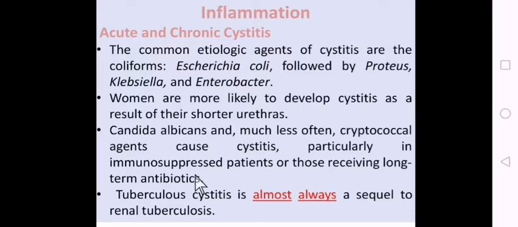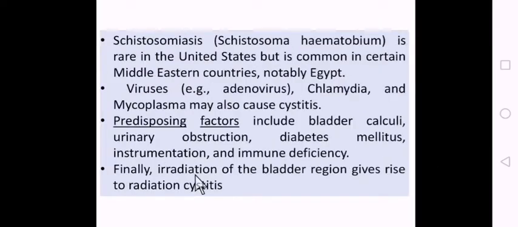Tuberculous cystitis is almost always, I repeat, almost always a sequela to renal tuberculosis. Schistosoma haematobium is rare in the United States but is common in Middle Eastern countries like Egypt. Viruses like adenovirus, chlamydia, and mycoplasma may also cause cystitis.